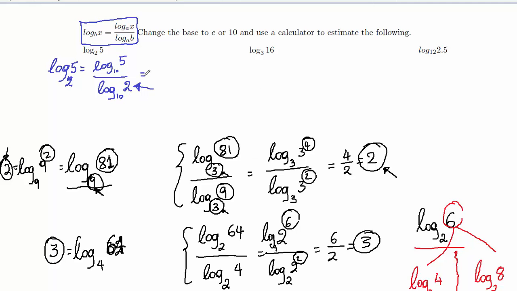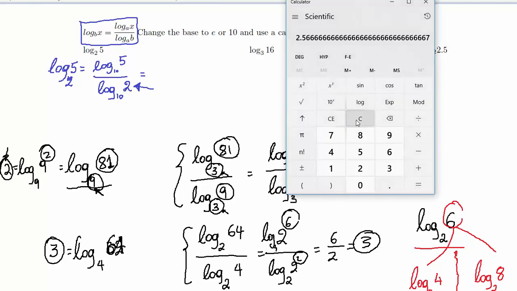Should we calculate that? Let's do it. Let's use the calculator to do that. 5 log divided by 2 log. Look right here, log of 5 divided by log of 2. This is exactly what I have as a fraction.